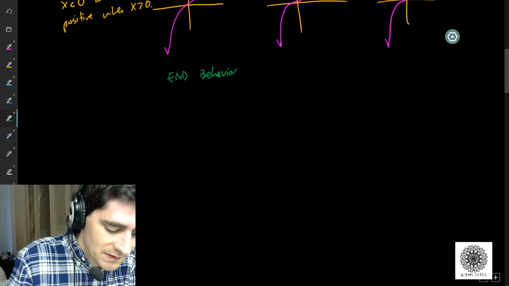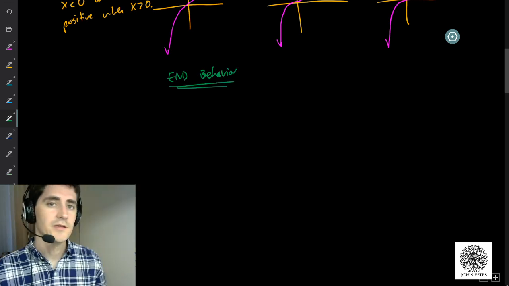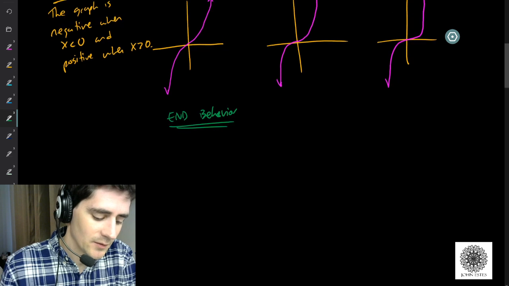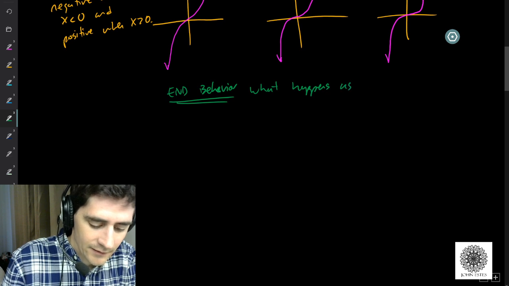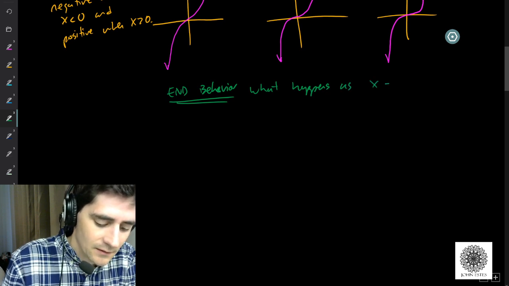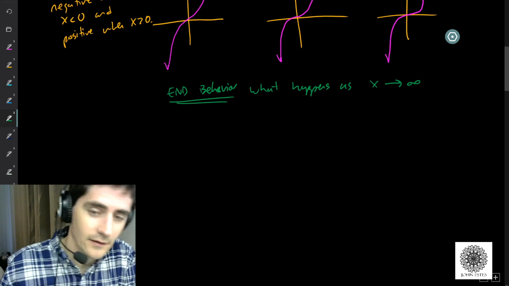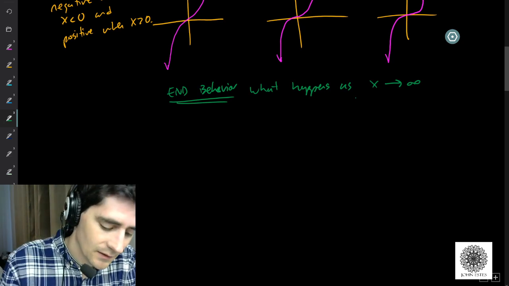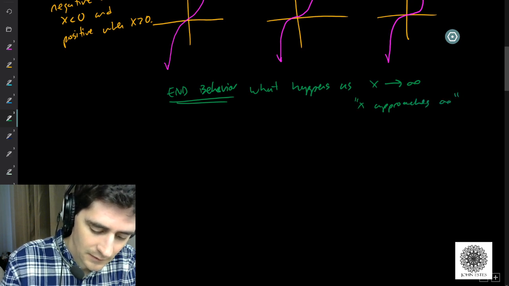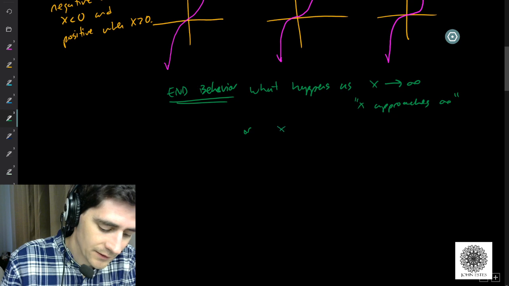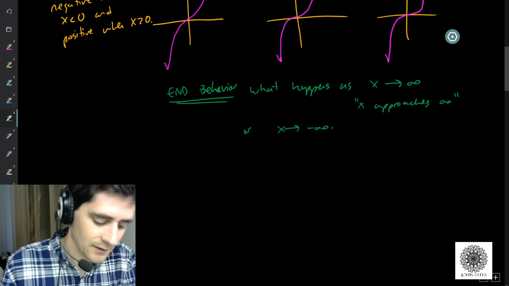And we'll spend more time on the end behavior in chapter 5. But what you're thinking about is what happens as x approaches infinity. We can write it like that: x arrow infinity means x approaches infinity, or as x approaches negative infinity.